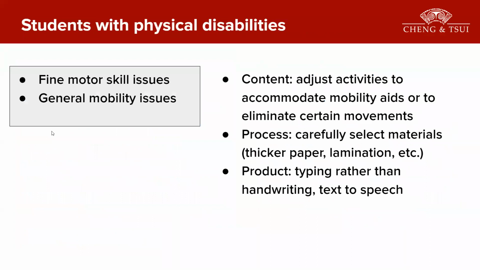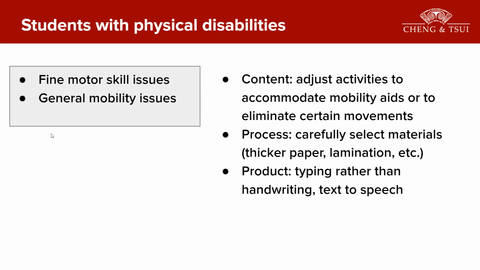Now, let's look at students with physical disabilities. These students may have fine motor skills and general mobility issues. Differentiated instruction can be carried out by adjusting the activity to accommodate the mobility aid or to eliminate certain movements.